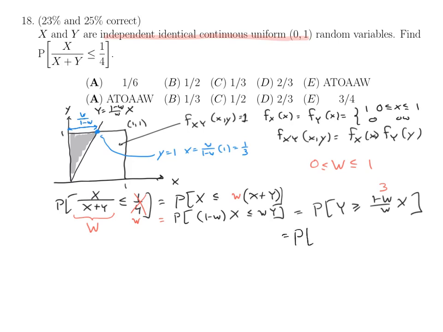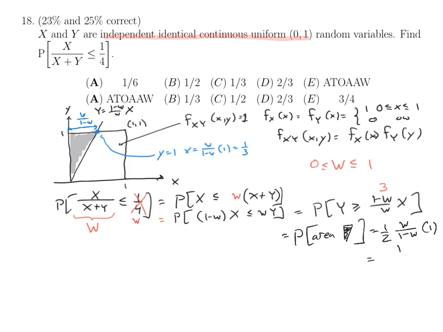And the probability that you're in that box, like you can set it up as a calculus problem and do the integrations, but really it's just the joint density, which is 1, times the area. So it's just in fact equal to the area, right? So it's the probability of the area of that triangle. And so that triangle is 1/2 times the base, w over (1 minus w), times the height, which is 1.